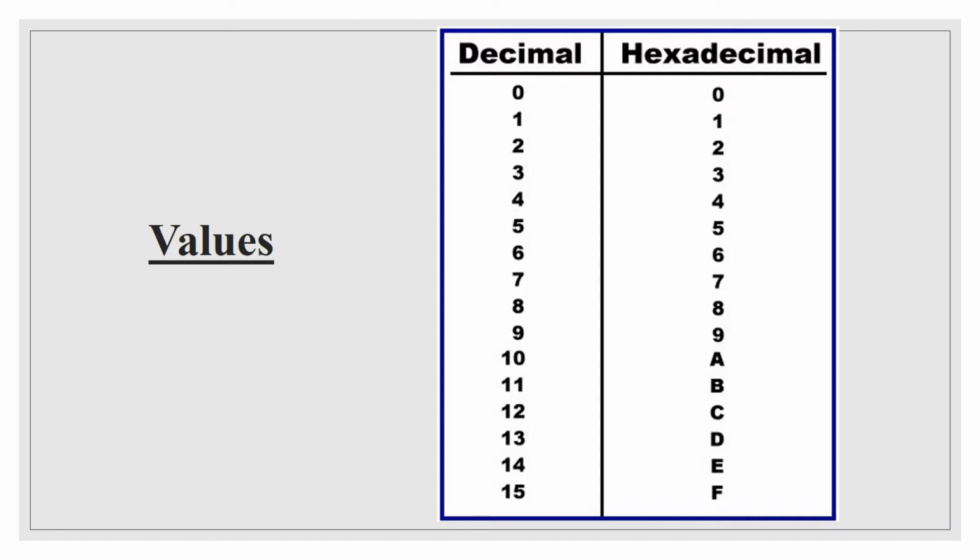But moving from decimal 10, hexadecimal takes 10 as A. As you can see, when decimal is 11, hexadecimal takes it as B, and so on to F. 15 is F. Moving to next slide.